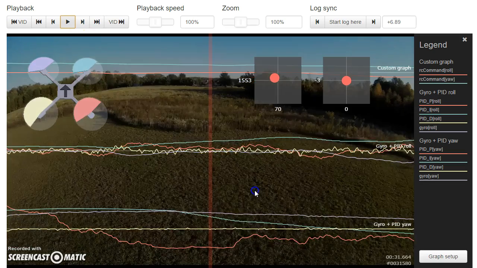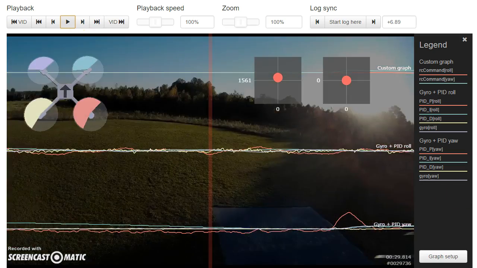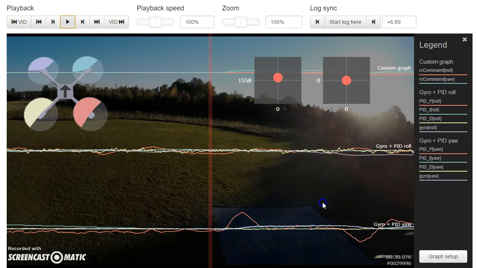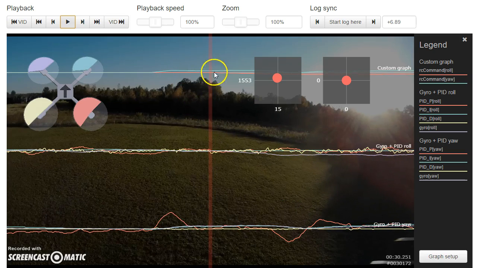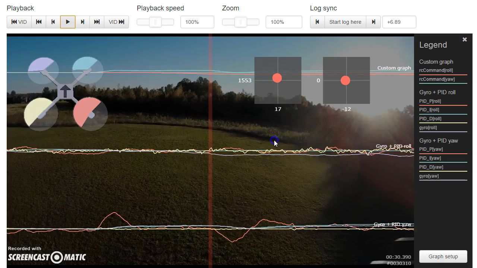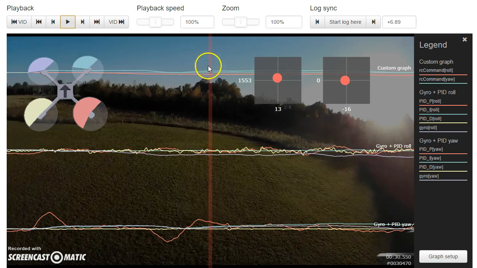And let's just take a look next at RC command, and we'll see what the pilot was doing while that was all happening. So as we move forward here, we can see that roll and yaw are coordinated. I've mentioned this before, but I'll mention it again. Roll and yaw, when they're coordinated, their traces go opposite directions.